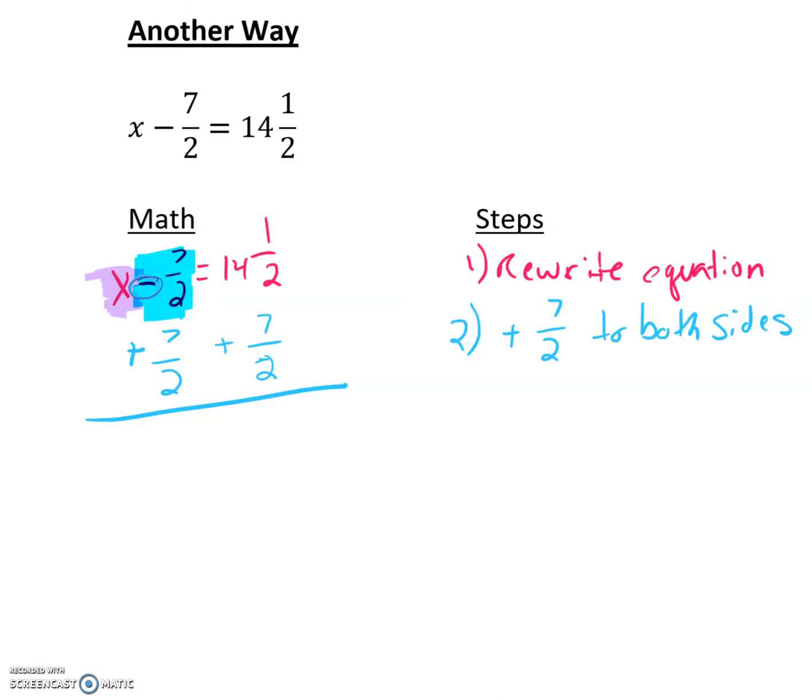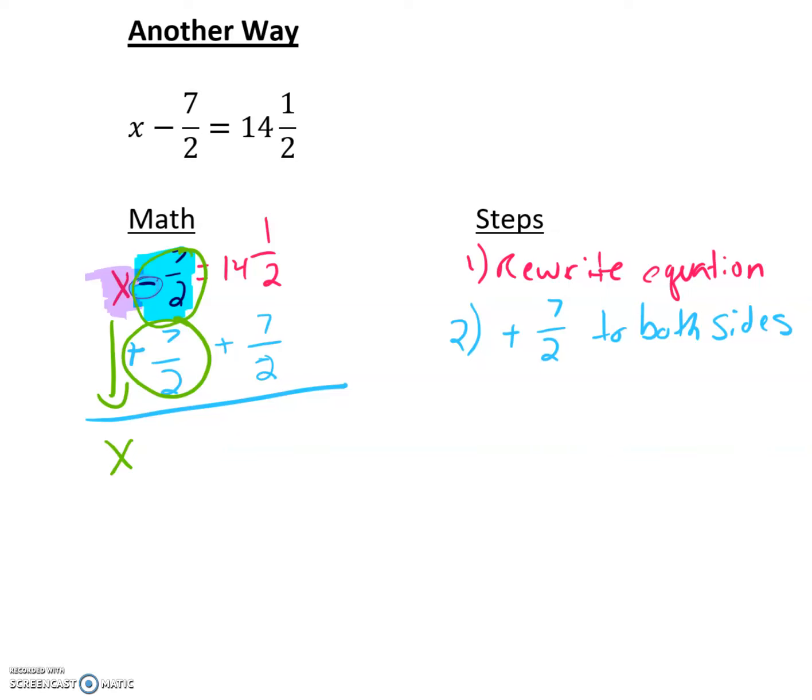Okay? Then I'm going to bring this x down because I'm not going to do anything with it. x. What did we say we were doing when we had negative 7/2 plus 7/2? We're eliminating it. So we're eliminating it on this side where the x is.